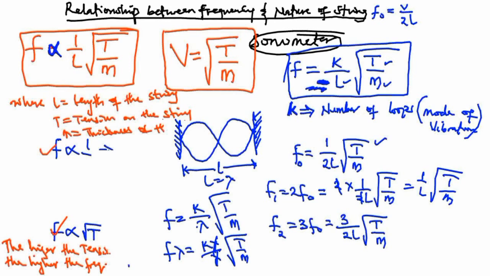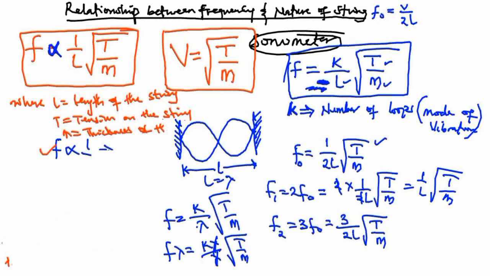So I am going to have that f lambda is equal to k, the square root of T over M.